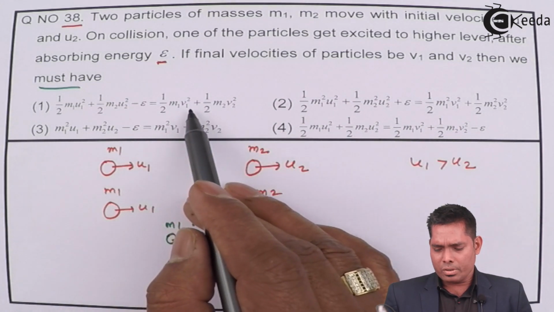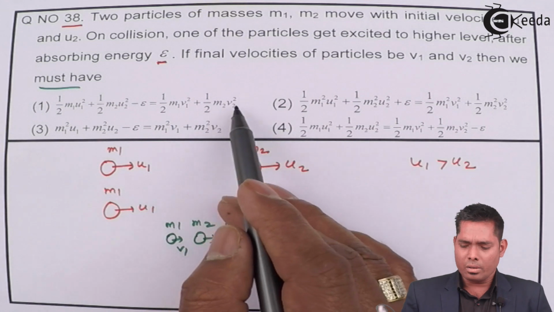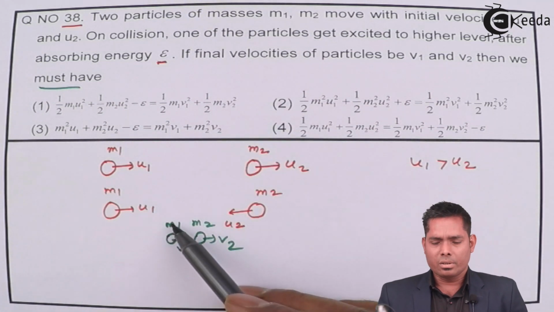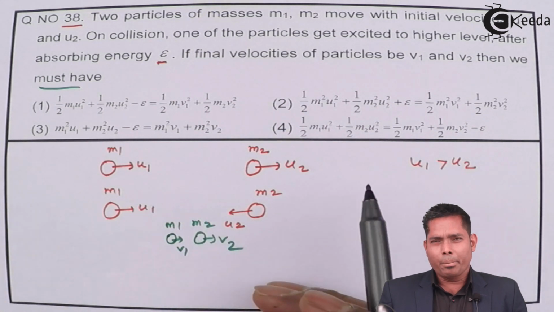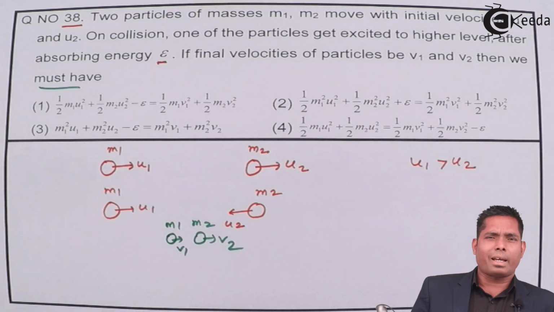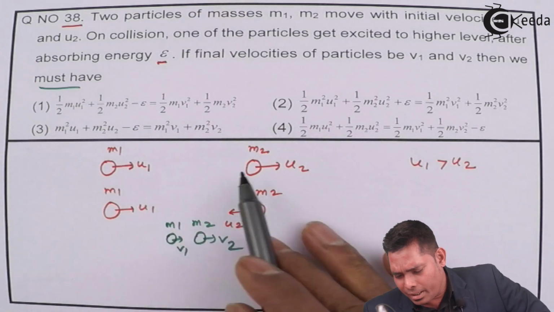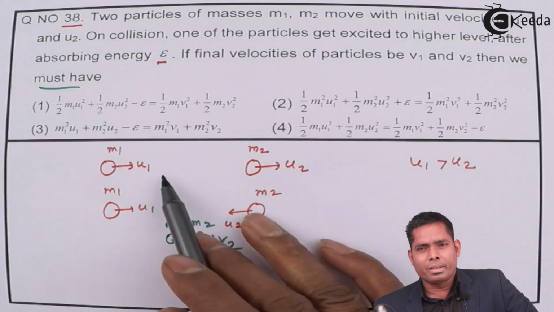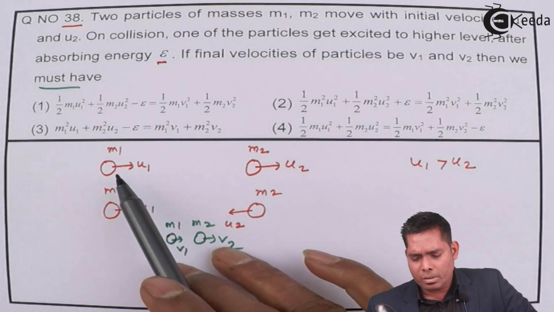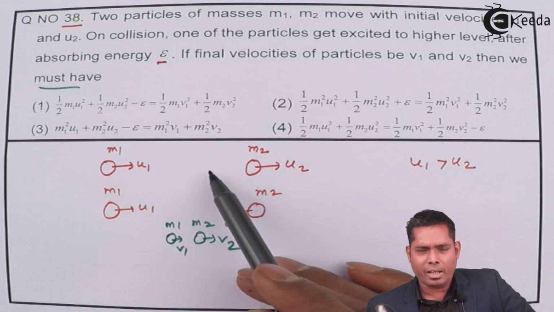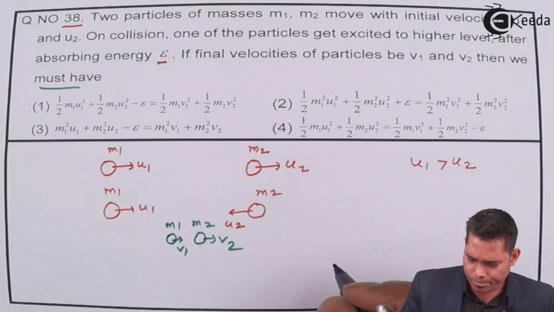Half m1 v1 square and half m2 v2 square are the kinetic energies of these particles after collision. Because we are concerned only with kinetic energy, the direction of movement is not required, so it is not mentioned. It's a scalar quantity. Whether the body moves in this direction or that direction, kinetic energy will remain the same.